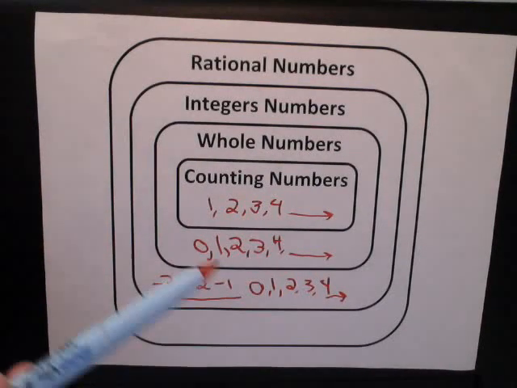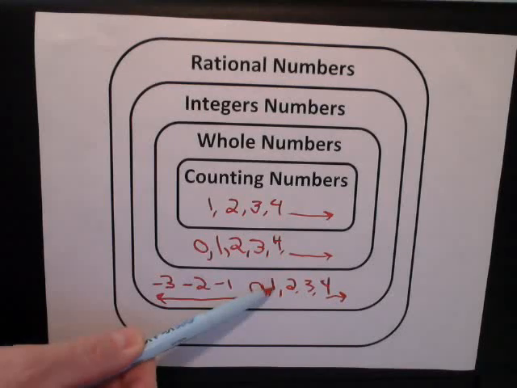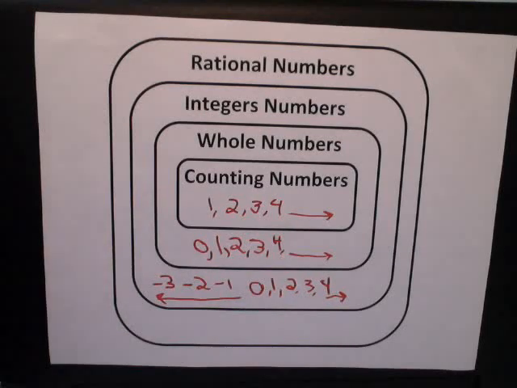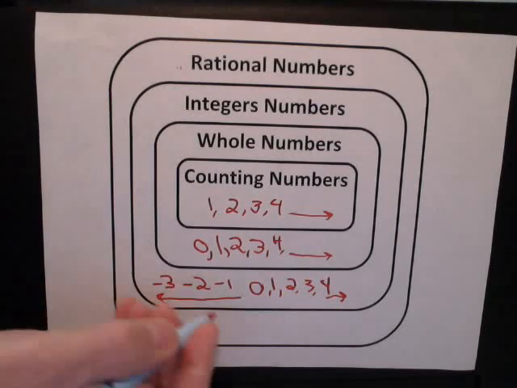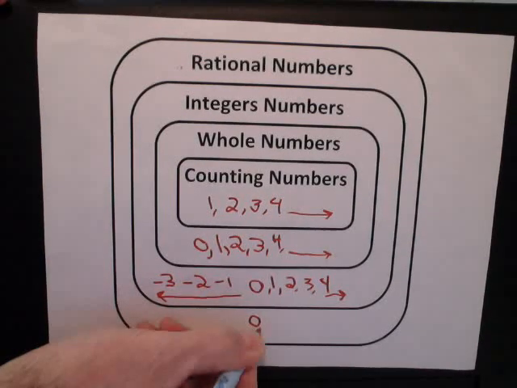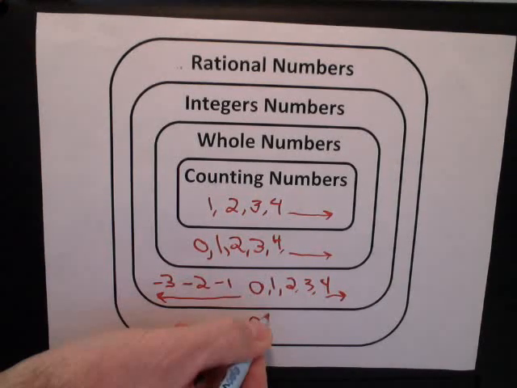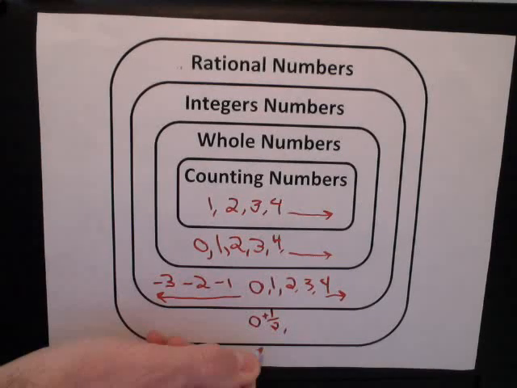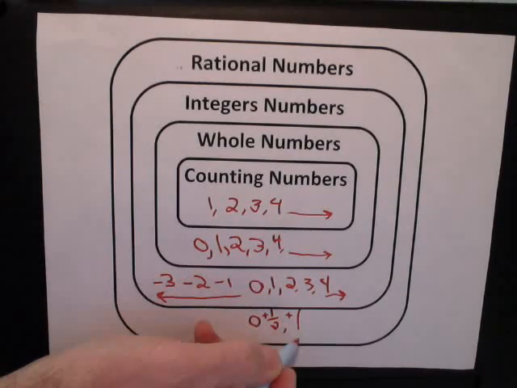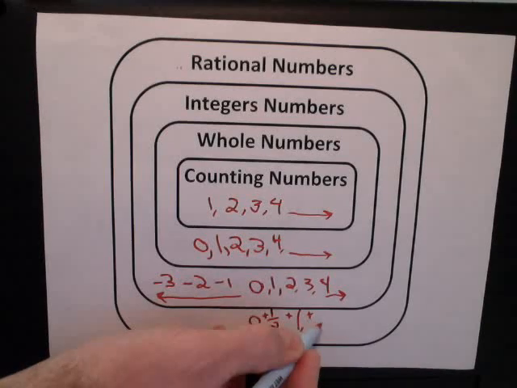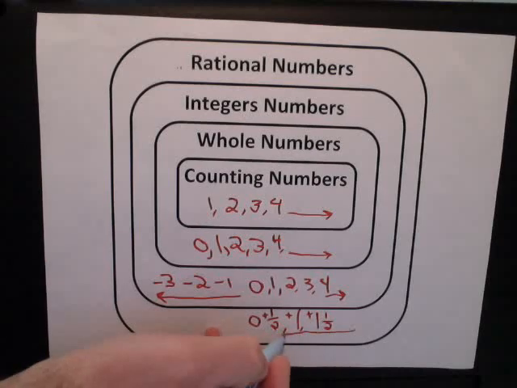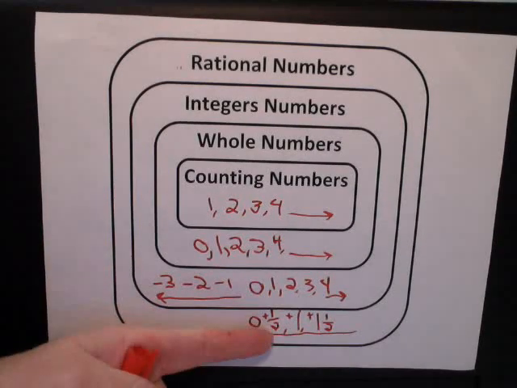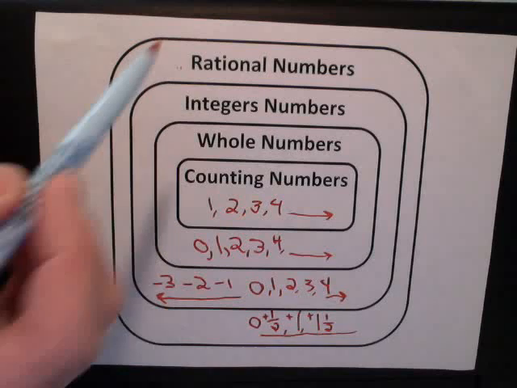But you do know that in between 0 and 1 and 1 and 2, there are fractions. This is where the rational numbers come in. The rational numbers on a number line would include a positive 0.5, and then a positive 1, then a positive 1.5, and any fraction in between there, besides just a half, would be considered a rational number.